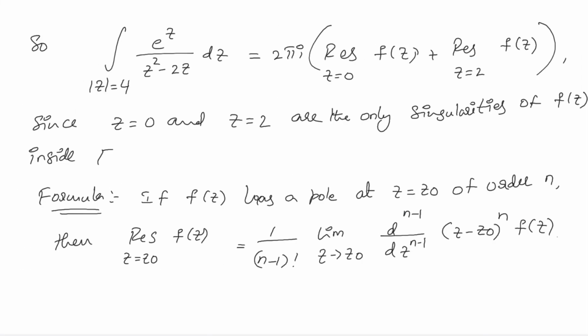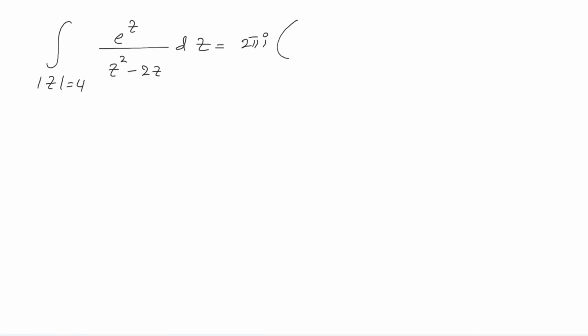And hence since we have the residues, in total we can see the integration over the circle mod z equal to 4 of the function e to the power of z divided by z square minus 2z dz is equal to 2 pi i times, as we have already seen, since we have calculated the residue of f of z at z equal to 0 and at z equal to 2, I'm just substituting those two values.